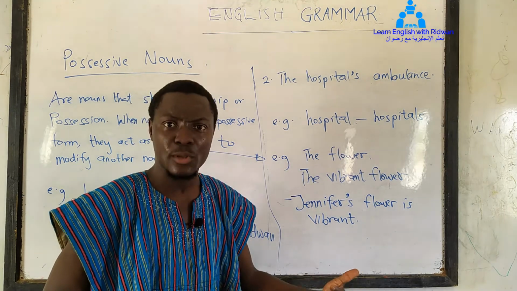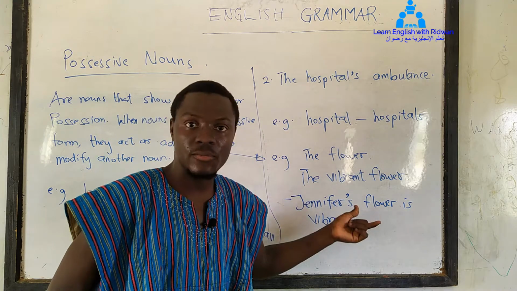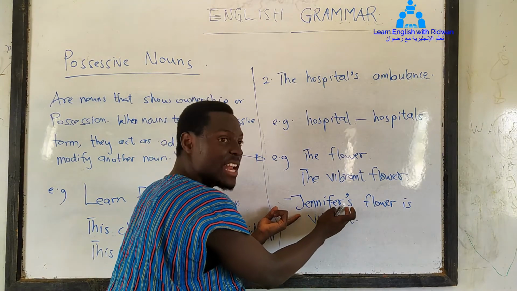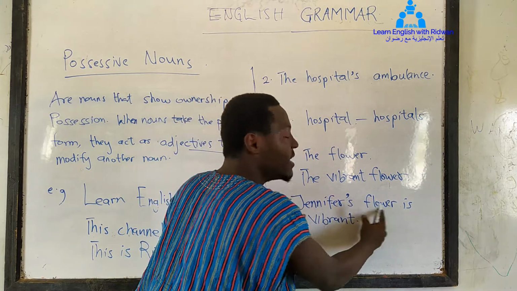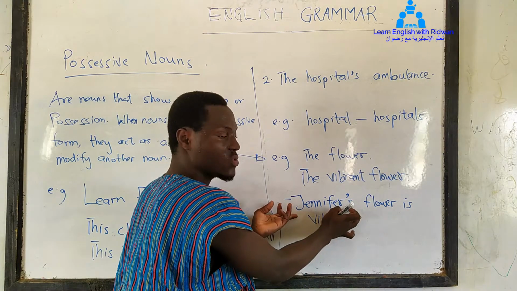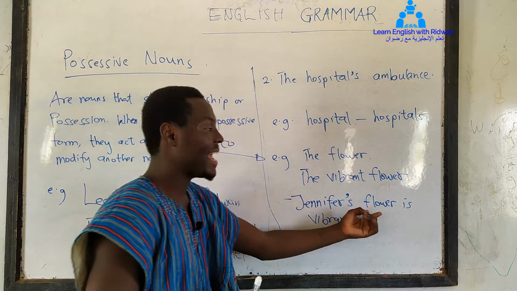How do we know that it belongs to Jennifer? Because Jennifer here has taken a possessive form. So in other words, it simply means that possessive nouns can also act as adjectives to modify nouns. Do you understand what I'm saying? Possessive nouns, they act as adjectives to modify another noun.